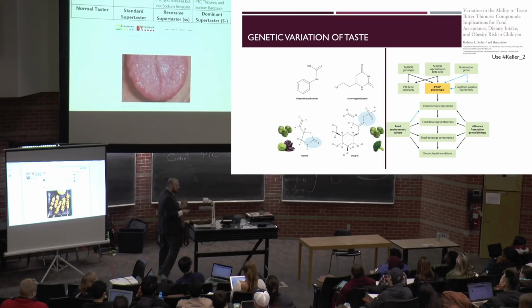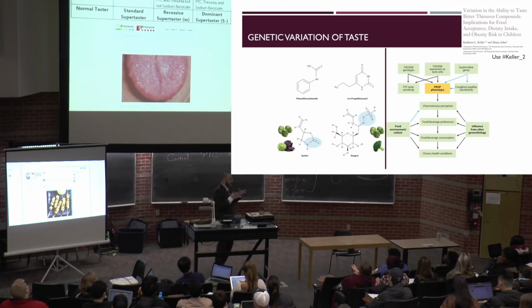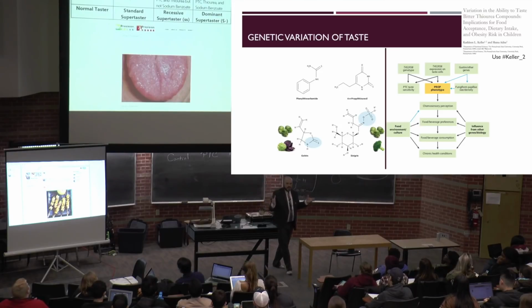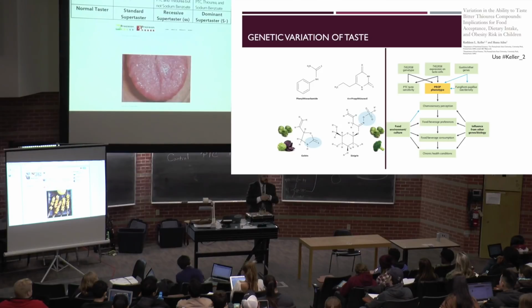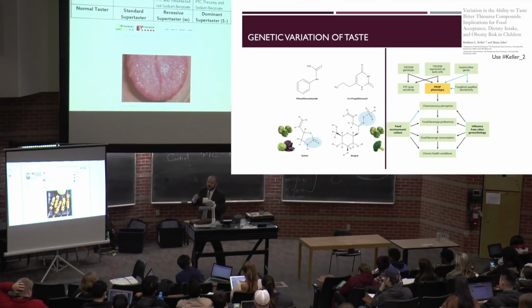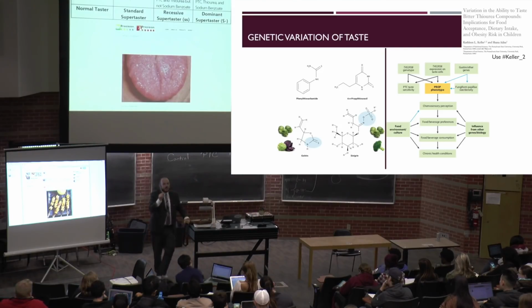So it's remarkable to think that the chemical structure being identical, but the genetic variation in taste perception determines whether or not you can determine if that flavor is present or that molecule is present or not. And here's where it gets really crazy.